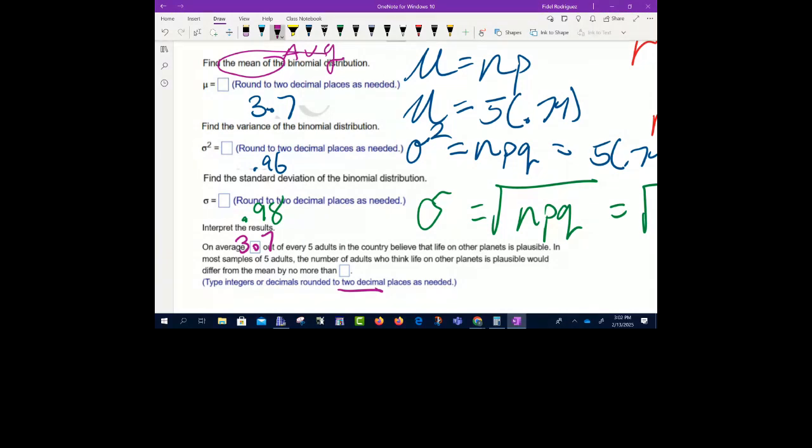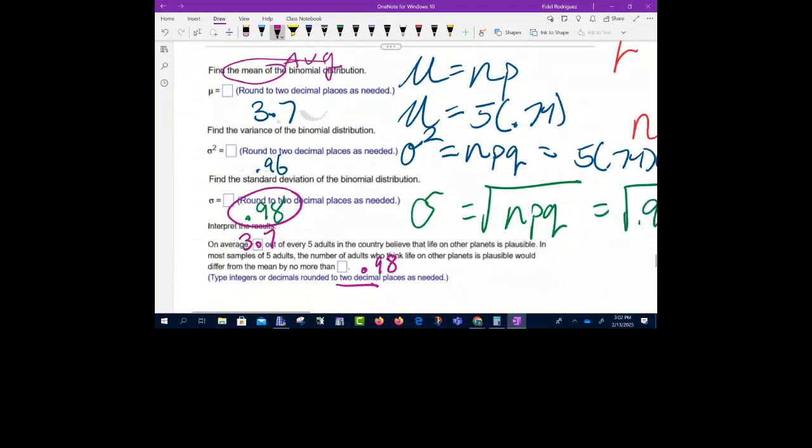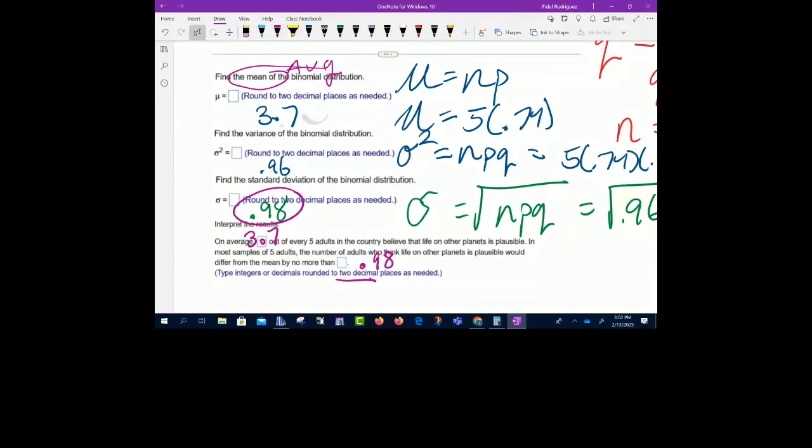And the number of adults who think life on other planets is plausible would differ from the mean by no more than, that's my standard deviation, and again, right here, I'm just going to write 0.98. And that right there is 4.2.